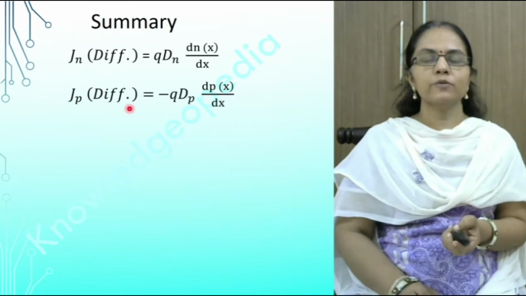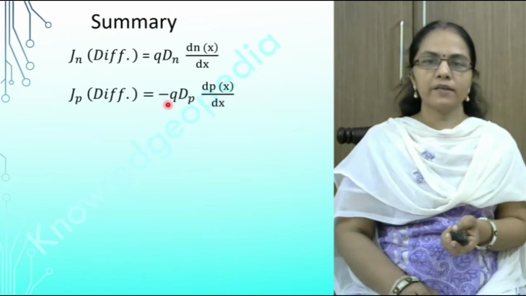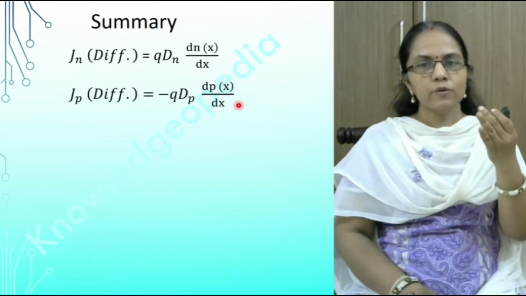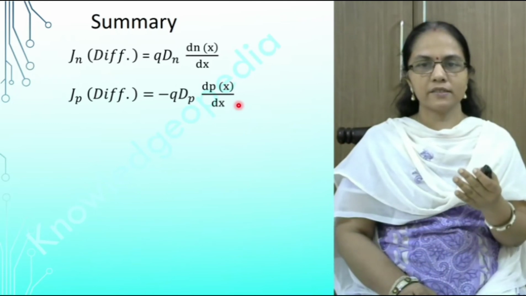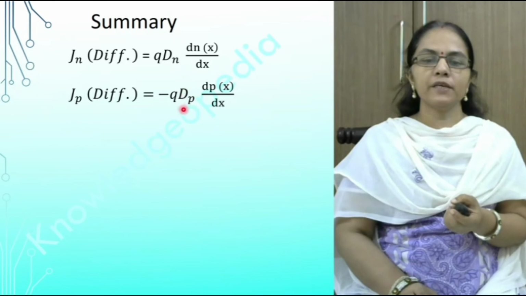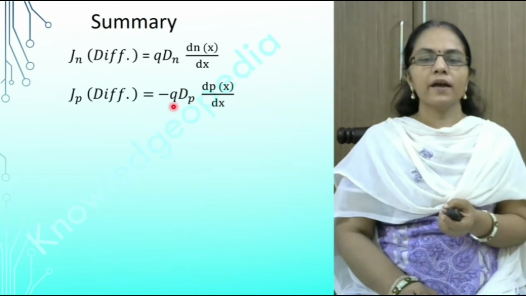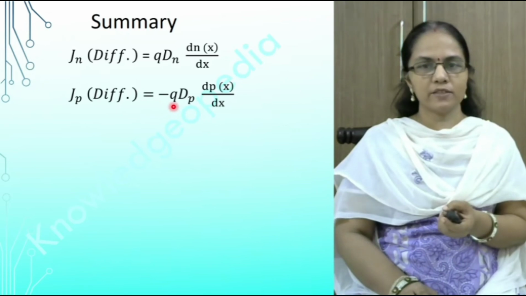Similarly, for holes we have obtained Jp diffusion equal to minus Q Dp dp by dx, where dp by dx is our hole concentration gradient, Dp is the diffusion coefficient for holes, and Q is again the magnitude of the charge.